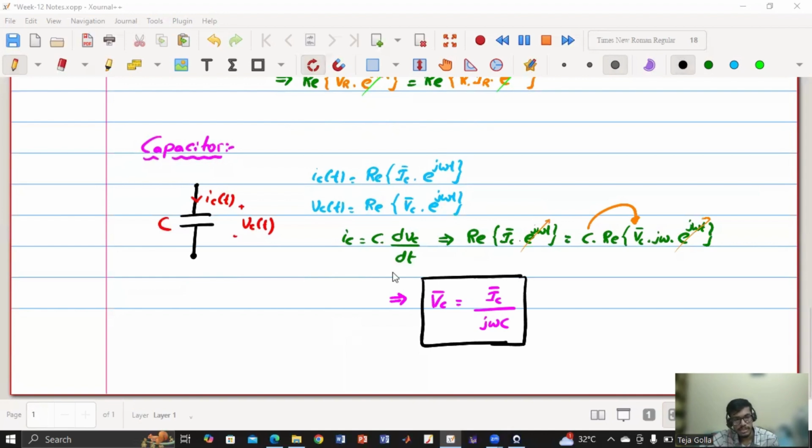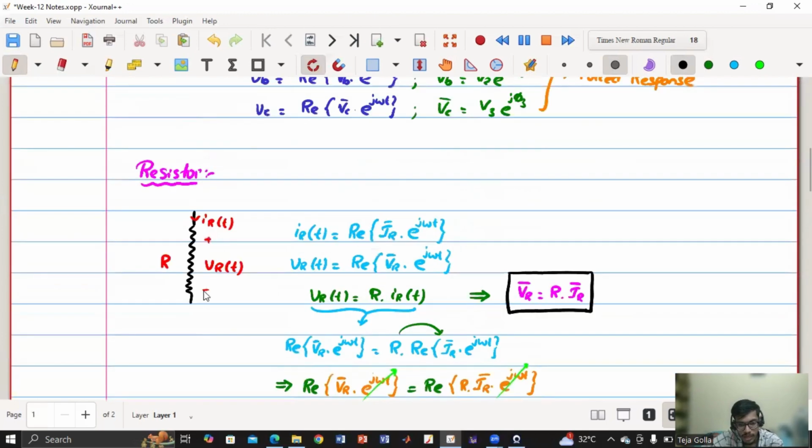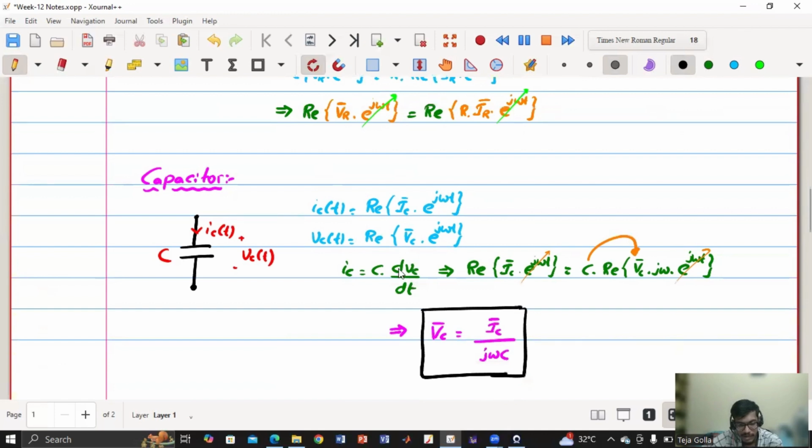Now here, if you see, we are getting the voltage-current relationships directly without any time dependent term. Because whenever we are solving for a capacitor, we have I equal to C dVC by dt, one differential equation, and solving it means we have to solve the differential equation. If it is second order, we'll have a second order differential equation.